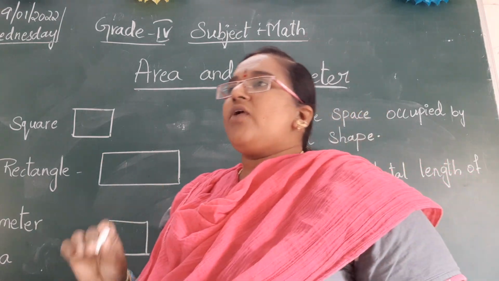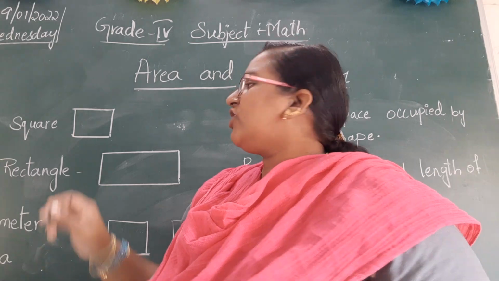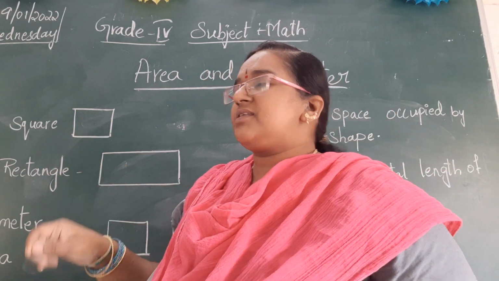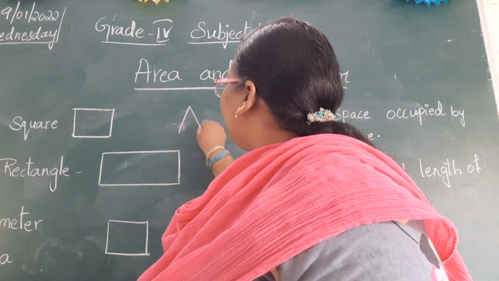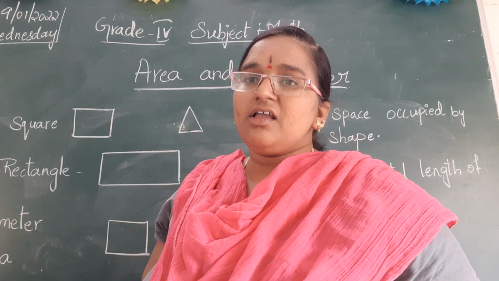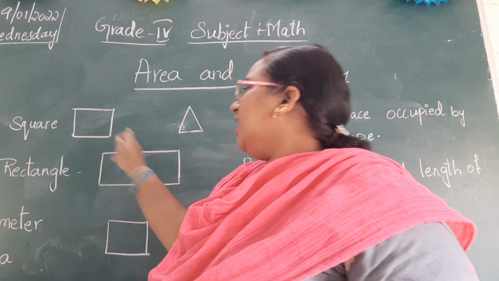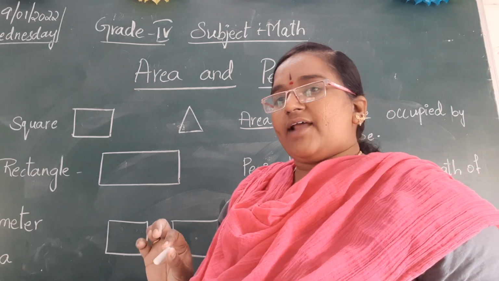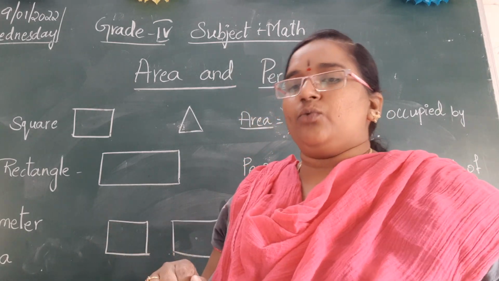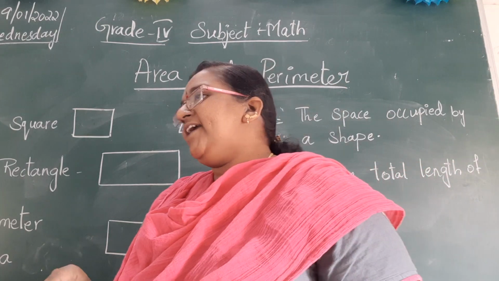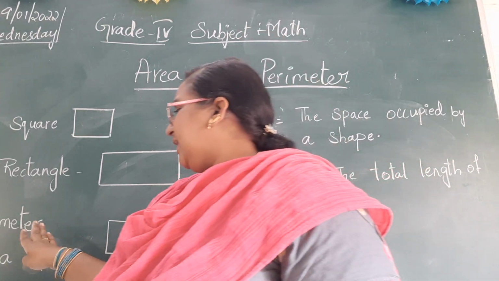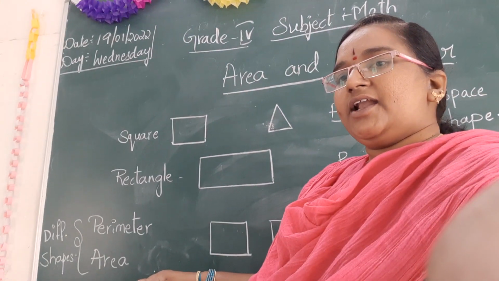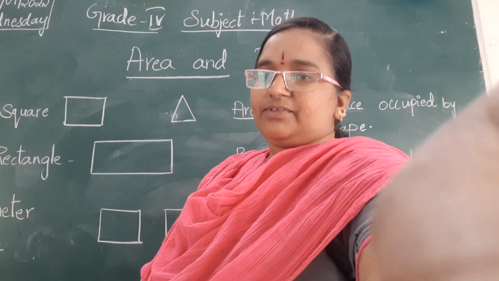In this chapter, we will find the area and perimeter of square, rectangle and also different shapes such as triangle. We will find the area of a triangle in this chapter, and also the perimeter and area of different shapes.